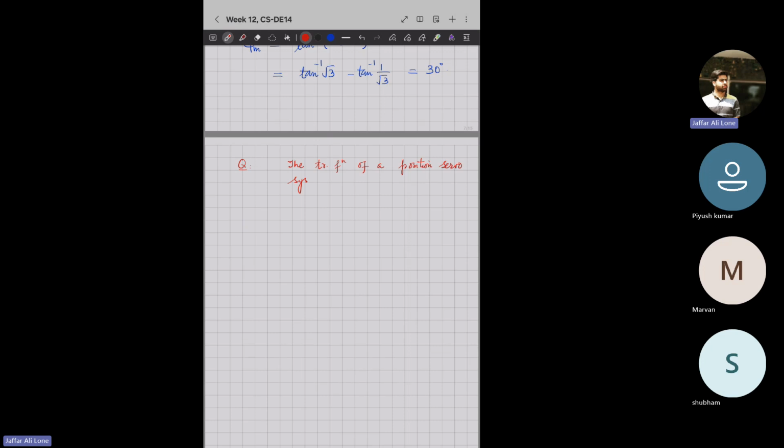So the transfer function of a position servo system is given as G of S equal to 1 divided by S into (S plus 1). This is the transfer function you are given, and a first order compensator is designed.